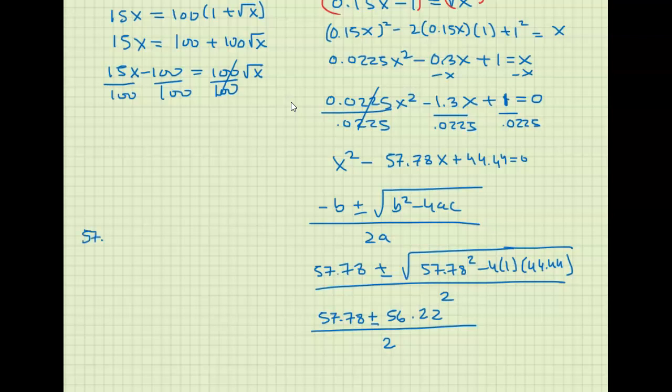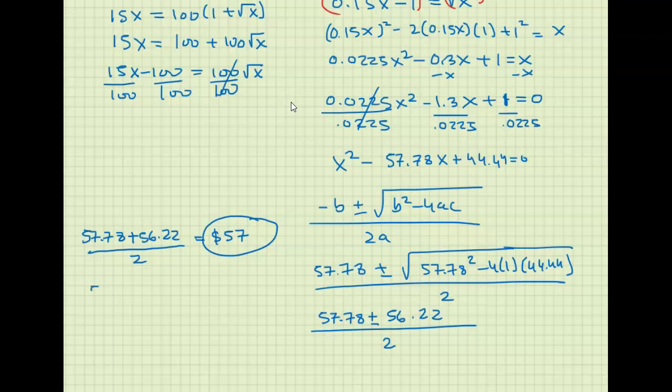So 57.78 plus 56.22 divided by 2 is 57. There we go, we found our break-even point. And the other option is going to be weird.